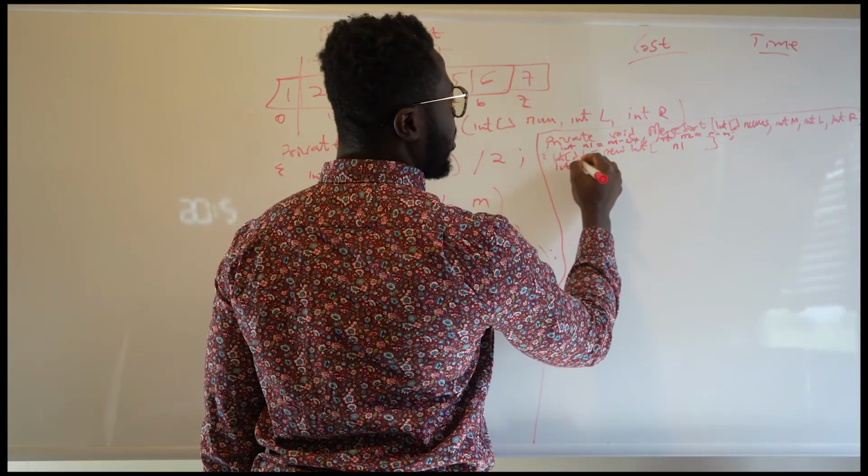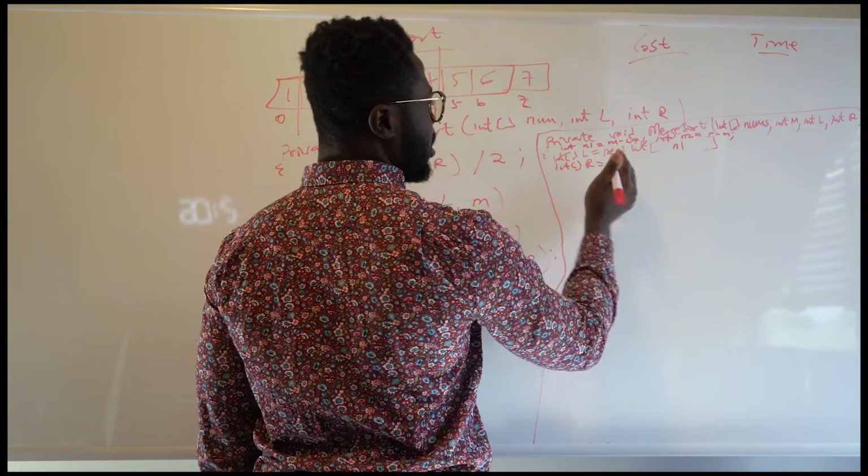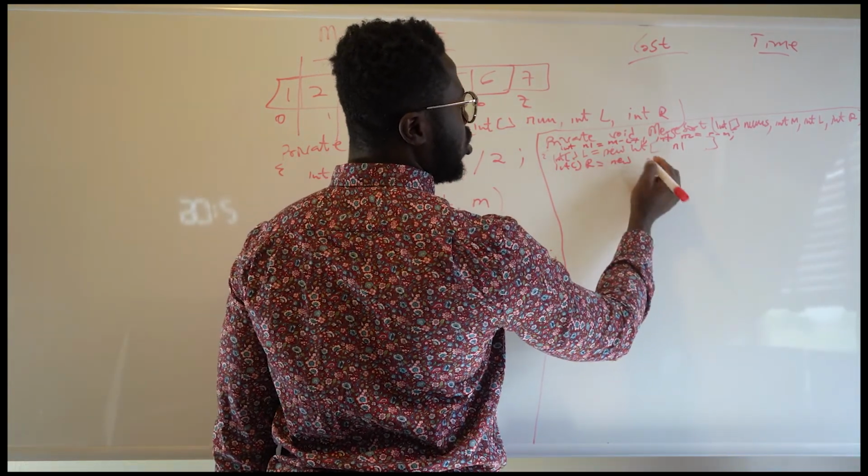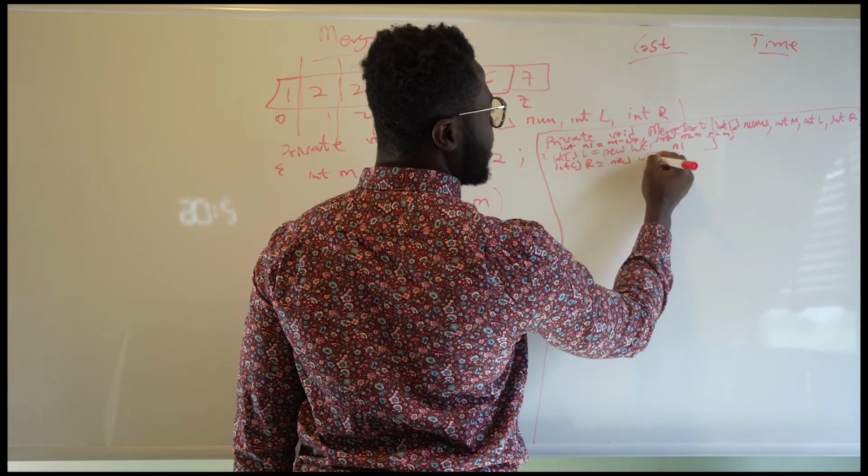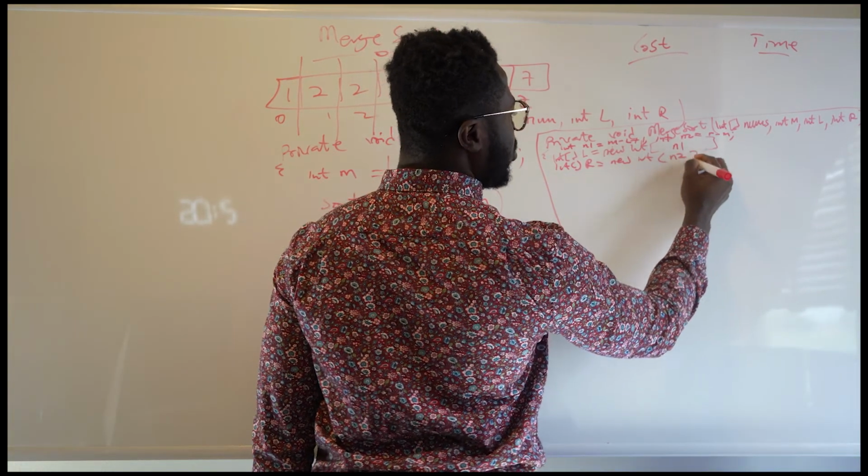Then we do the same for the R, which is the right. So we have two arrays, and this is going to take the n2.